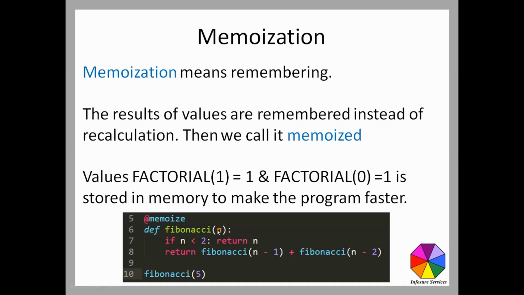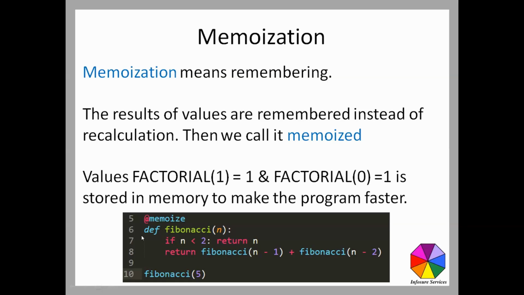Fibonacci of n is Fibonacci of n minus 1 plus Fibonacci of n minus 2. Here these last two numbers make my function call itself twice. So if in one calculation it's called twice, it's going to affect performance even more, right?